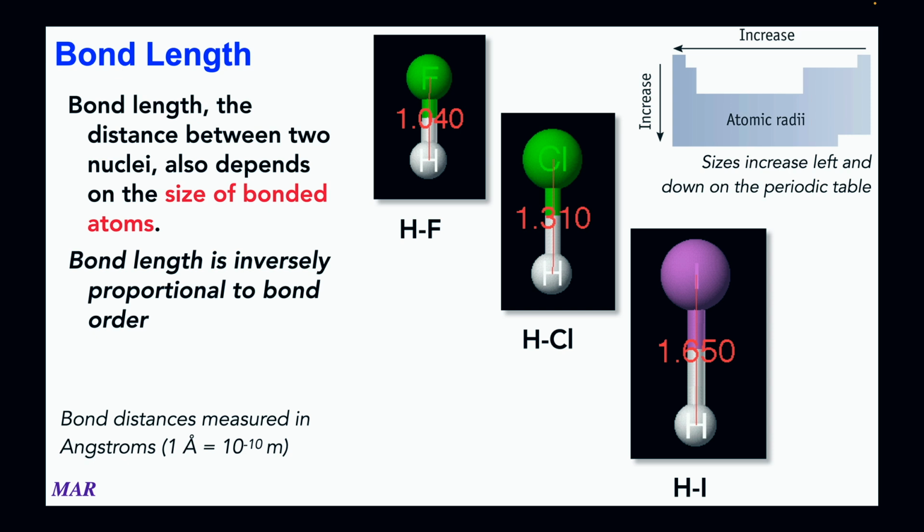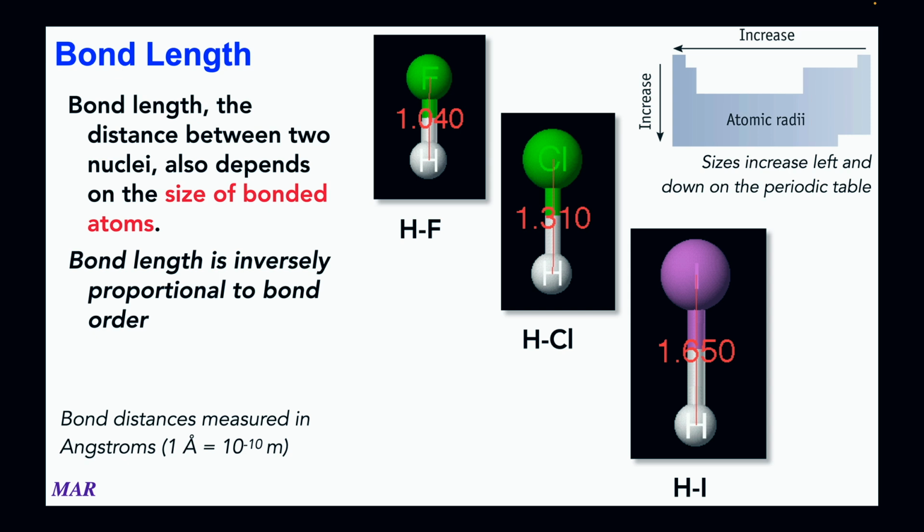And fluorine is on top of chlorine on the periodic table, and chlorine is on top of iodine on the periodic table. So the atom sizes are getting bigger. Fluorine is smaller, chlorine's in the middle, iodine is the biggest one of all. And notice how the size of the bond length is getting bigger as well.